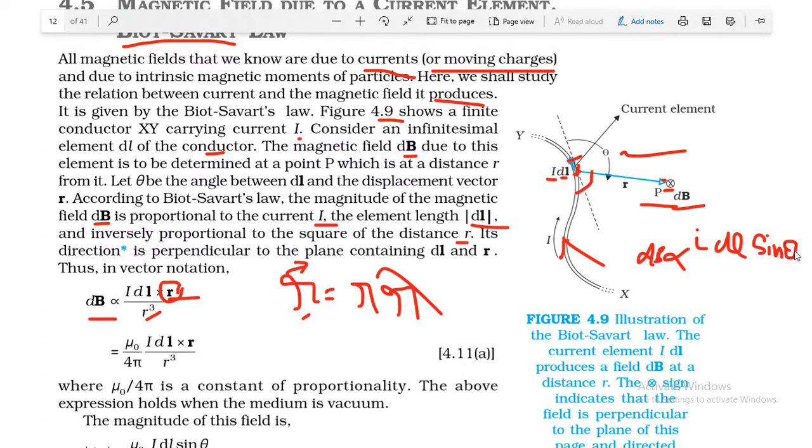So experiment shows that this dB is proportional to the sine of the angle between the dl and the line joining this dl to point P.